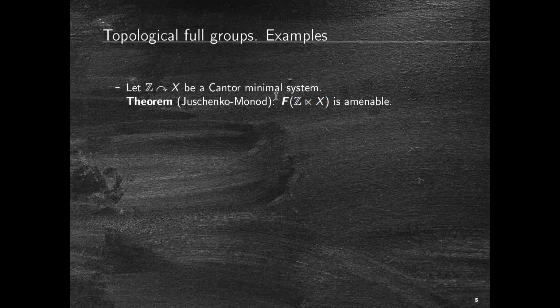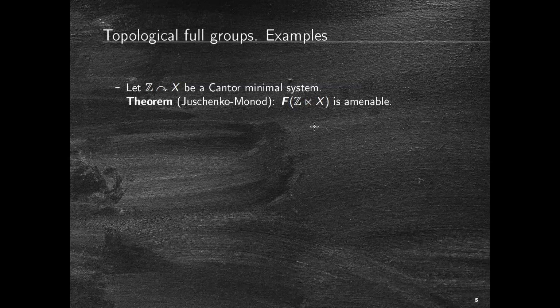Amenability is interesting for analytic properties, or in various areas of group theory and operator algebras. It has all sorts of characterizations. For instance, you could say that you have a system of Følner sets, subsets which are approximately invariant under the left translation action of the group. Or in terms of dynamics, a group is amenable if whenever it acts on a compact space, you can find an invariant probability measure.